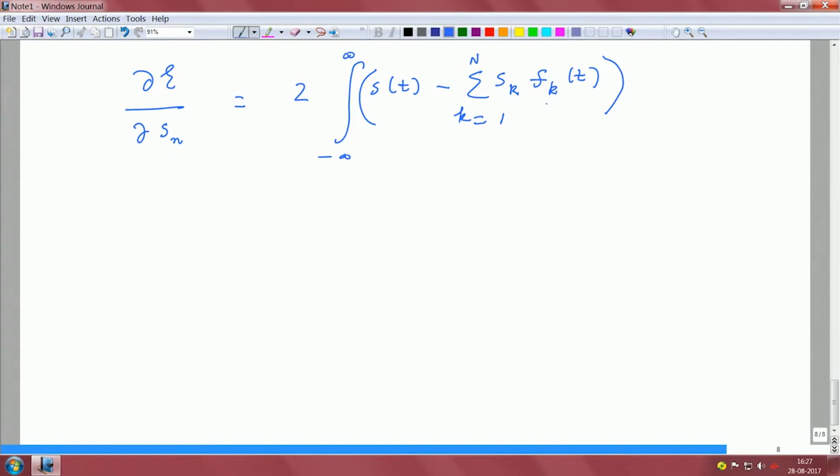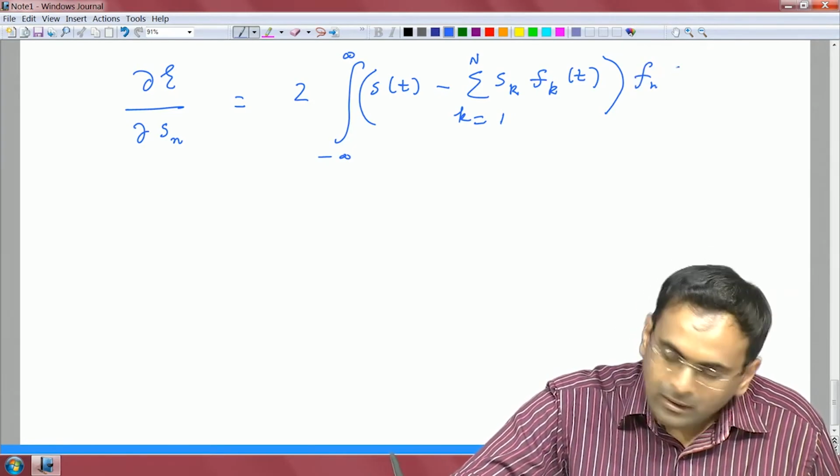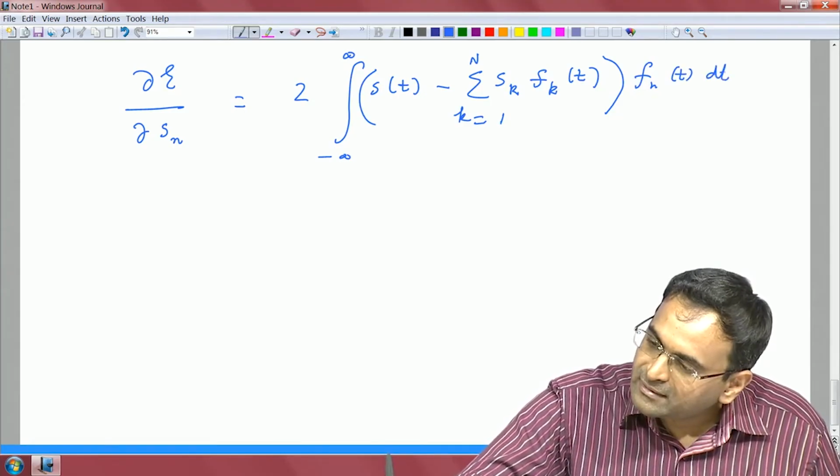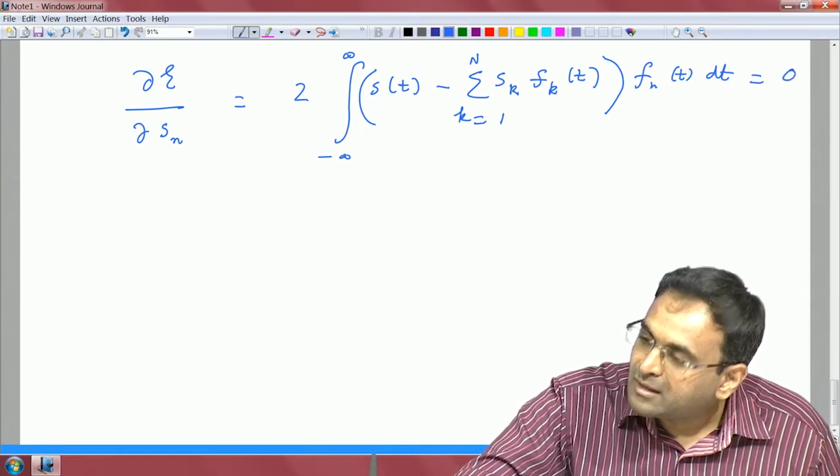So, now only the term with F suffix n will be there and the rest will just vanish because it is a partial derivative, right. So, basically you just land up with F n of t dt, and this has to be set to 0.